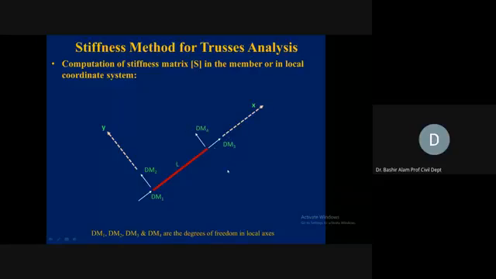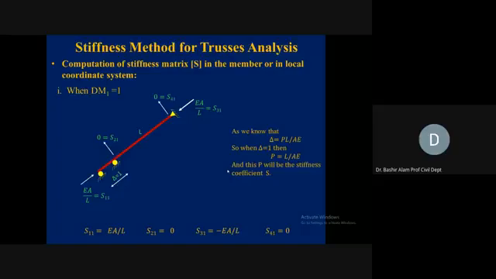Turn by turn we will start giving the displacements and locking the other locations, and we will compute the stiffness coefficient values. This is when we provide DM1 equal to 1. So this is the computation of the stiffness matrix in the member or local coordinate system.